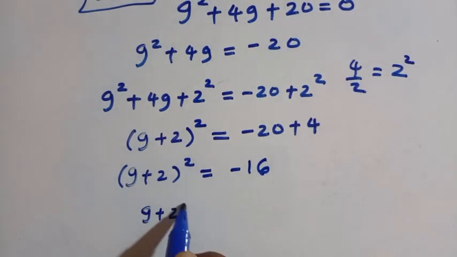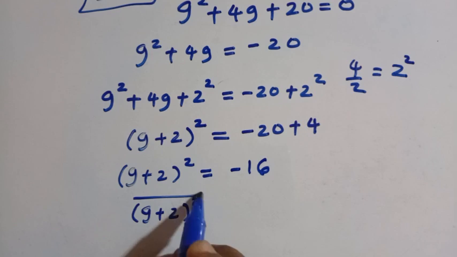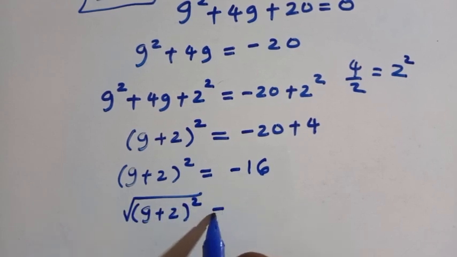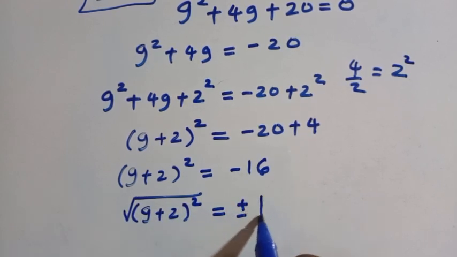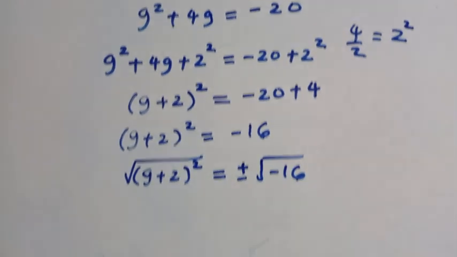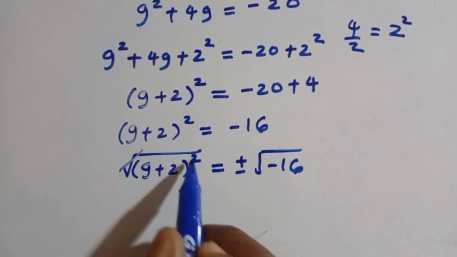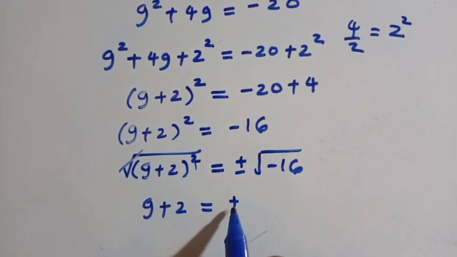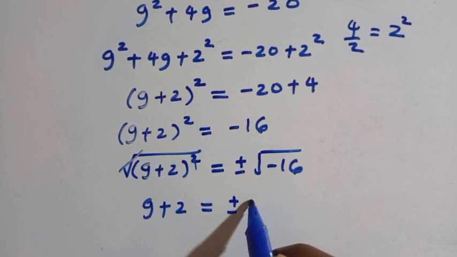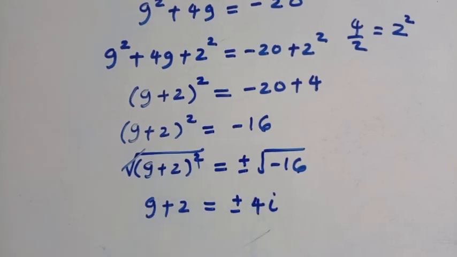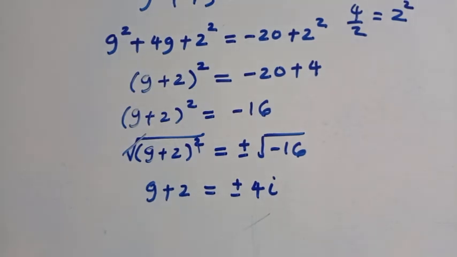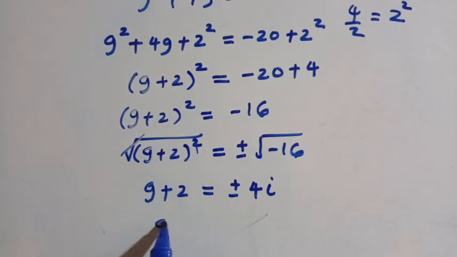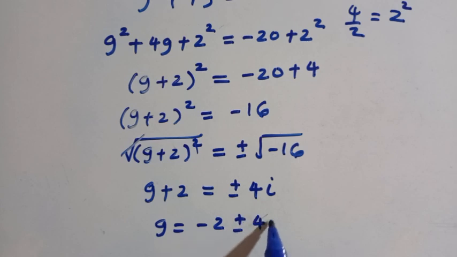When we take the square root of it, it equals plus or minus square root of minus 16. And next, we have this cancelled. g plus 2 equals plus or minus the square root of minus 16, that is 4i. And by taking 2 to the other side, we have g equals minus 2 plus or minus 4i.